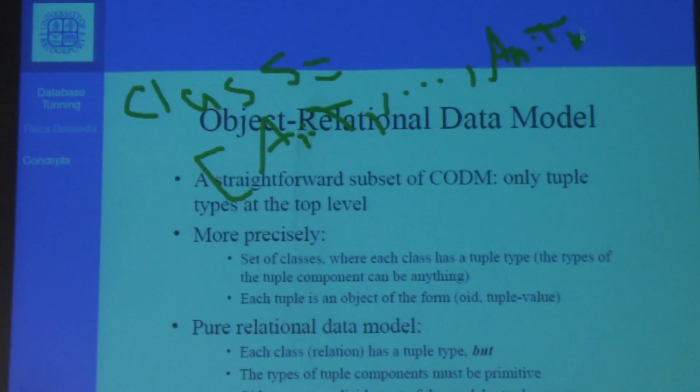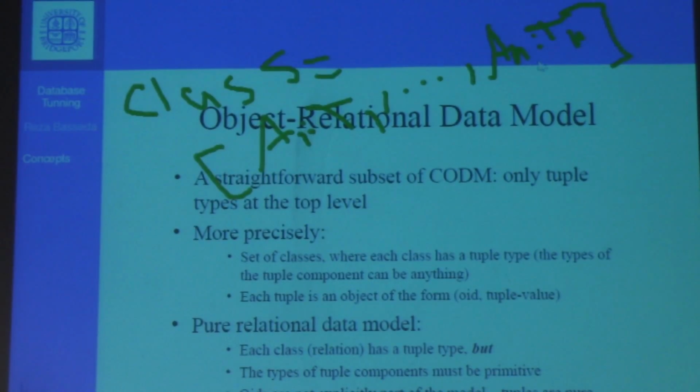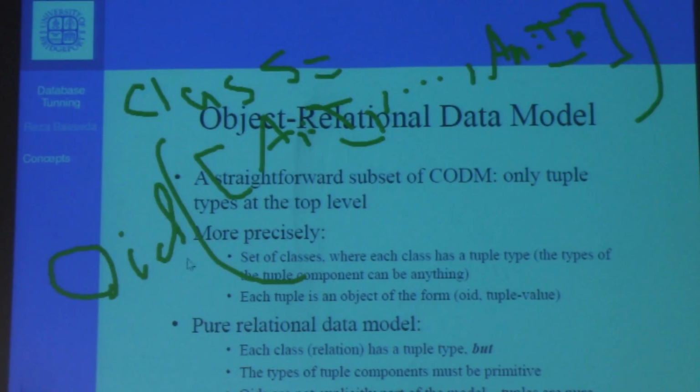These A's are the names of the attributes. These T's are the types of the attributes, okay? Each class is of this form. Here in the object relational data model, what you are doing is you are assigning an OID for each of these.